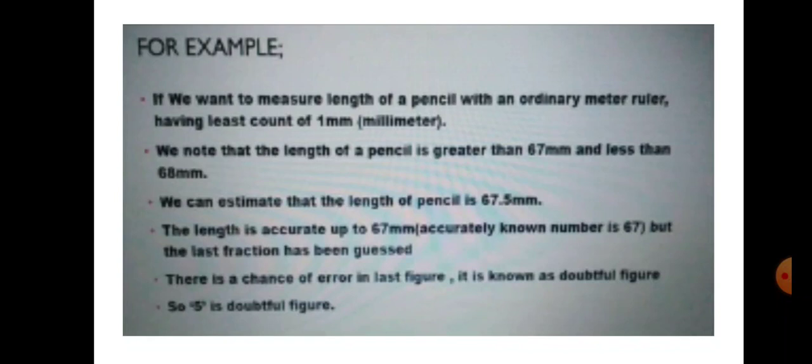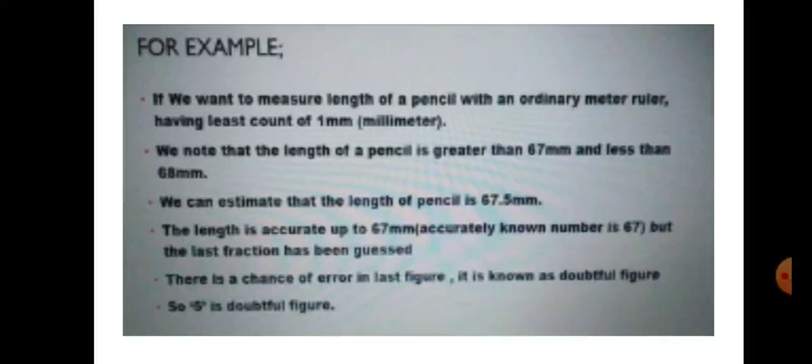The length is accurate up to 67 millimeter, the accurately known number, that is 67, but the last fraction has been guessed. So there is a chance of error in the last figure and it is known as the doubtful figure.